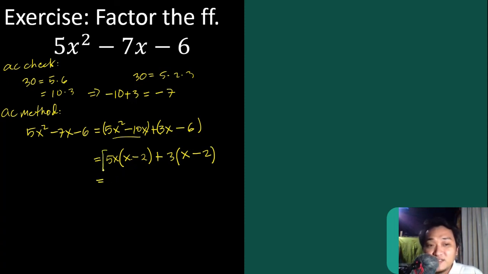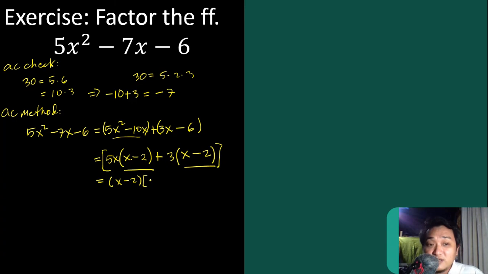Now, the next step is for us to identify a common quantity factor. And in this case, that is the quantity x minus 2. So let us try to remove or factor that out. That would be x minus 2. Then let us divide 5x times the quantity x minus 2 by x minus 2.